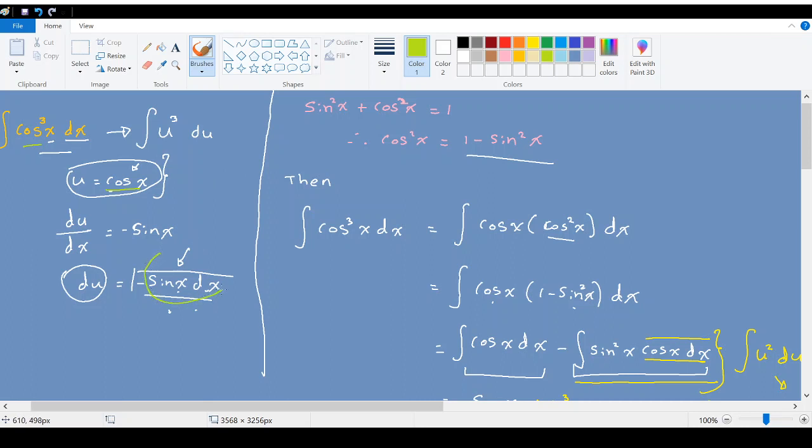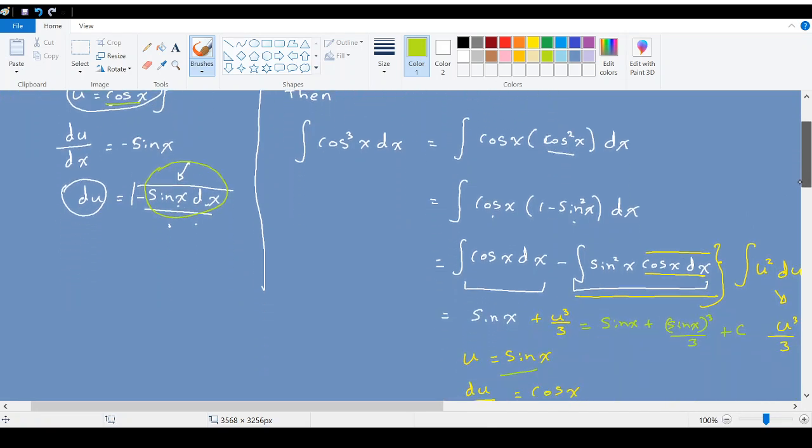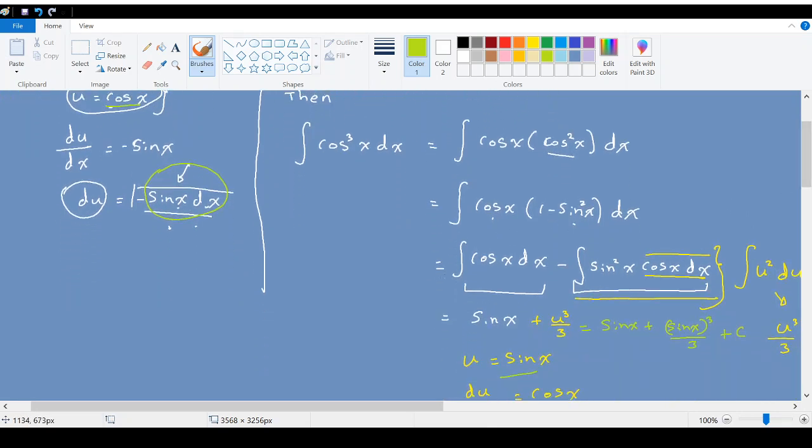This term was not there in the original problem. So we used the trigonometric identity and then extracted some sin x and cosine x terms from the given original problem. And when doing the simplification in that way, we came across a situation like this.